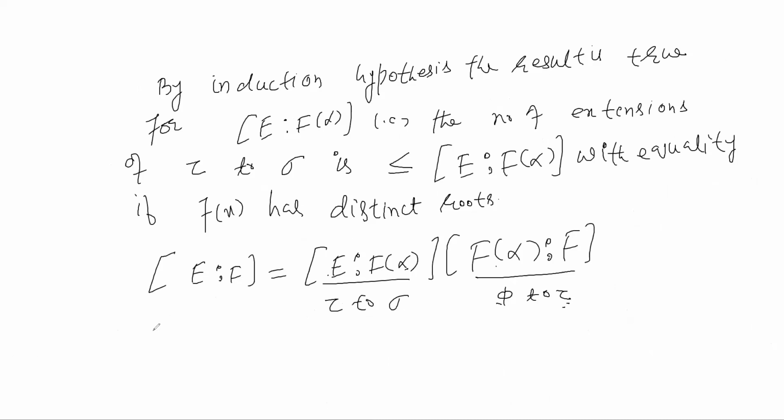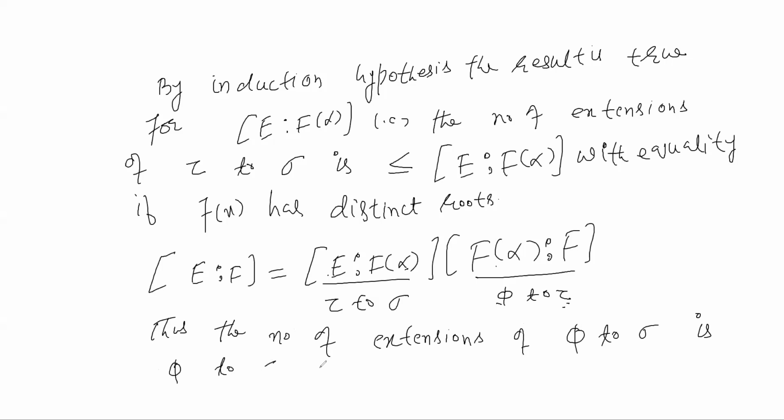So thus the number of extensions of phi to sigma is phi to tau and tau to sigma.